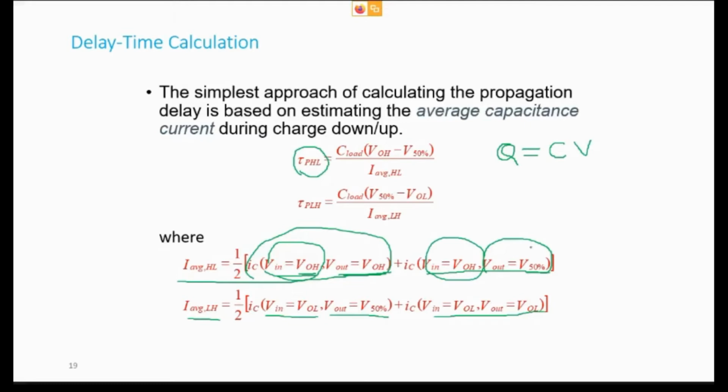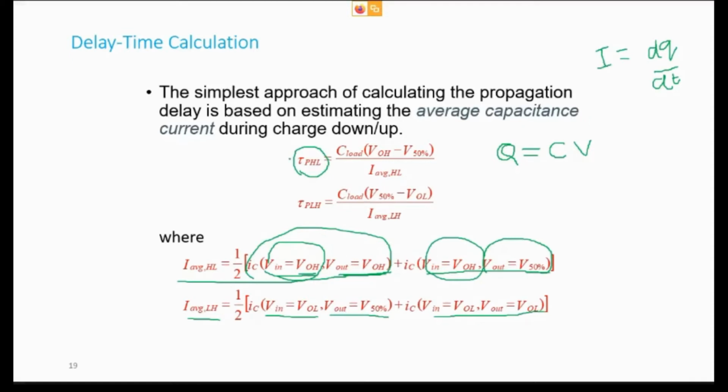And also I is equal to dq by dt, where I is current, the rate of flow of charge, so dq is equal to I dt.